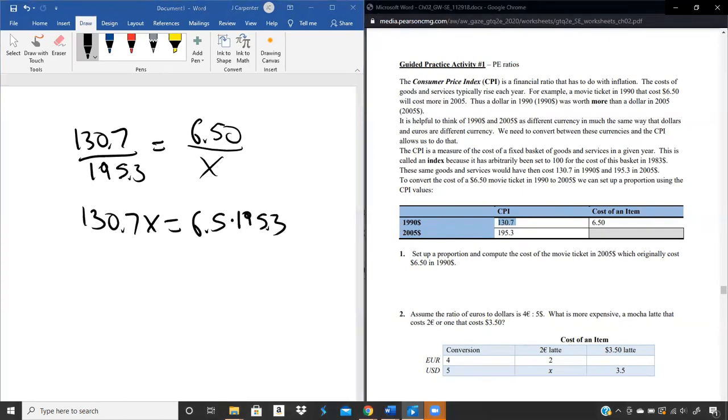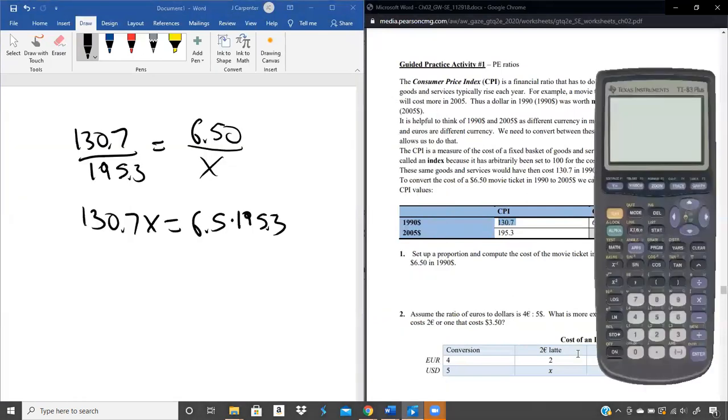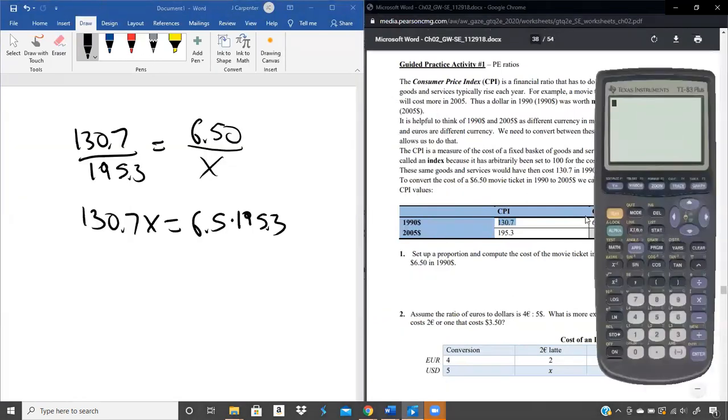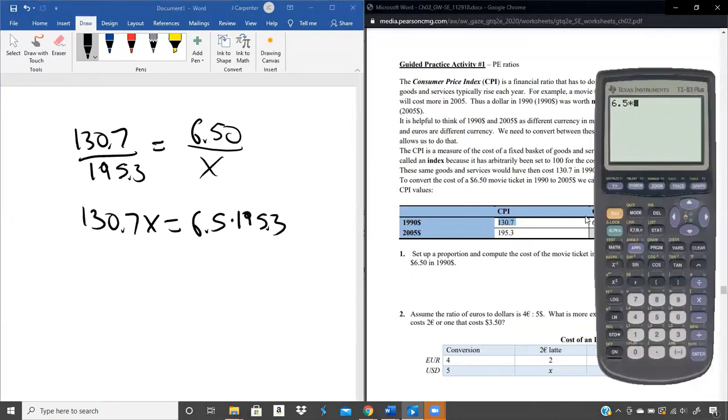Then we pull out our calculator, which is right here. Clear. So we're going to do 6.5 times 195.3. We're going to get 1269.45. So 130.7x is equal to 1269.45.